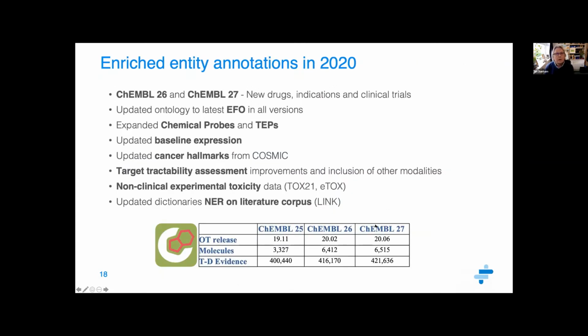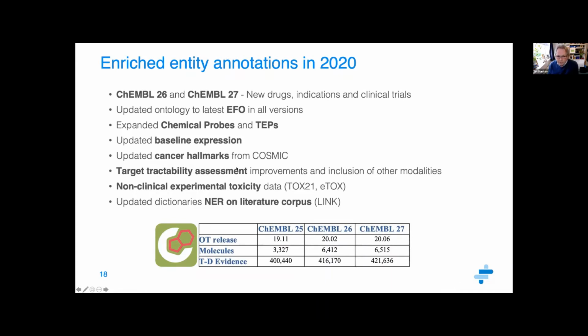Over 2020, we've made a lot of updates to the annotations that we include in the Open Targets platform. So improvements on our drugs, indications, and clinical trial information from ChEMBL. We've moved to a new version of the ontology. We continue to expand coverage of chemical probes and target enabling packages from the Structural Genomics Consortium.